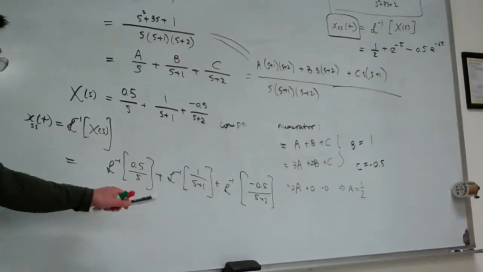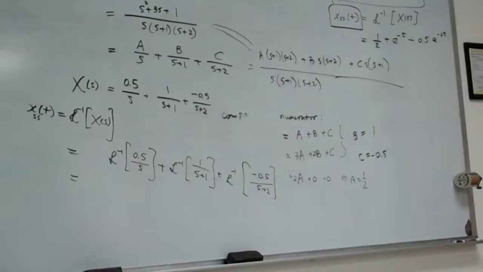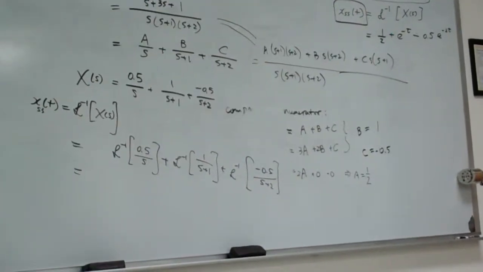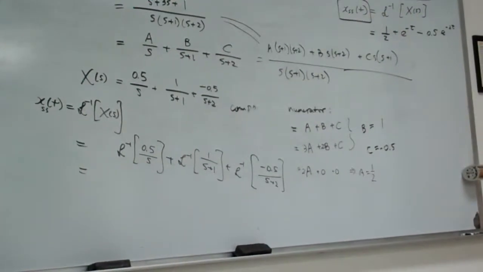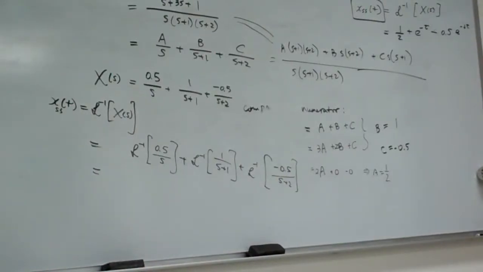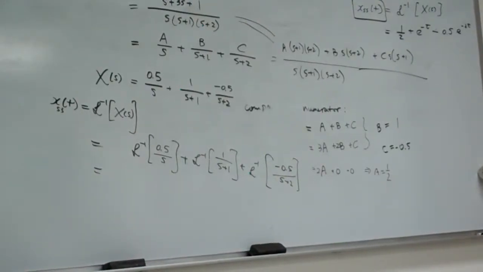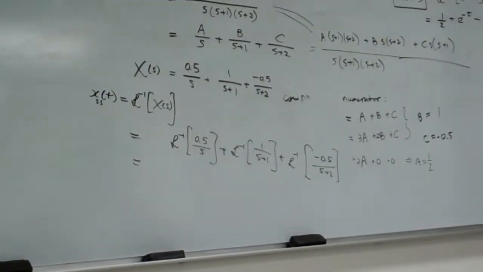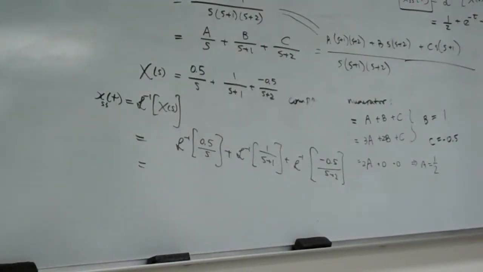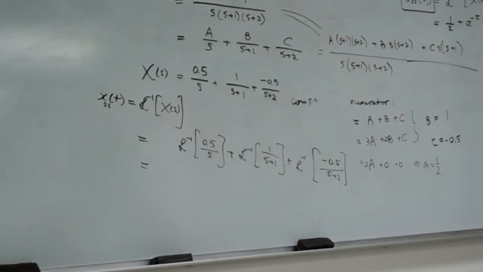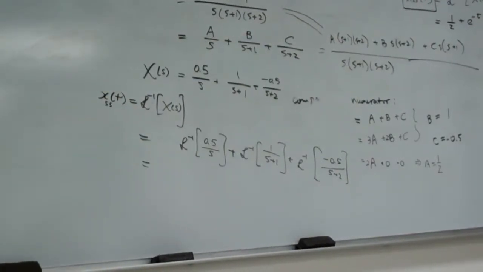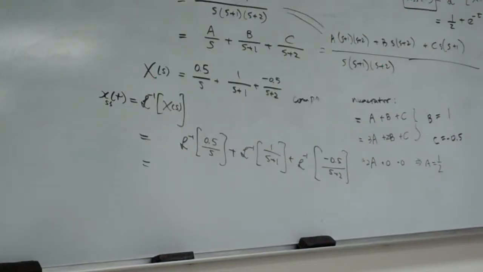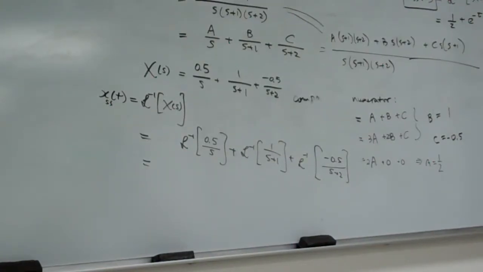You can see for this term, 1 over S appears, but here it has a coefficient. So we combine it with this term here. Again, for individual terms, whatever scaling we apply in the time domain, the same scaling applies to the S domain.